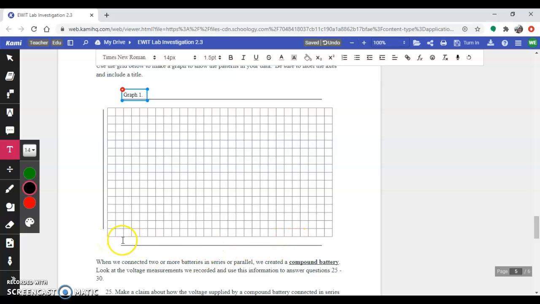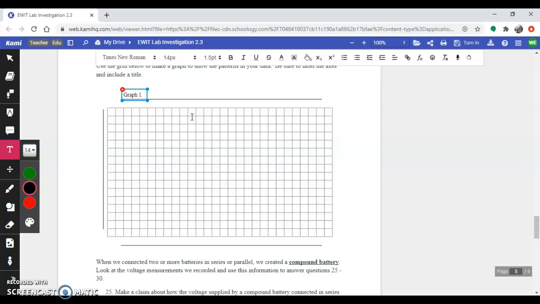So the independent variable goes on the x-axis, and the dependent variable, the one that we're measuring, goes on the y-axis. So the independent variable here is the batteries, and the dependent variable that we're measuring is voltage.